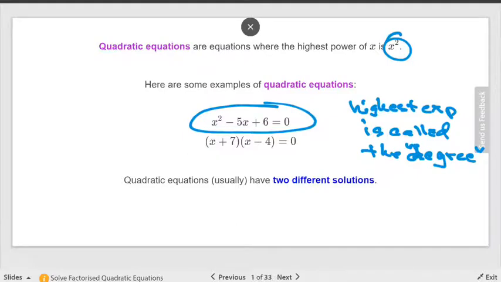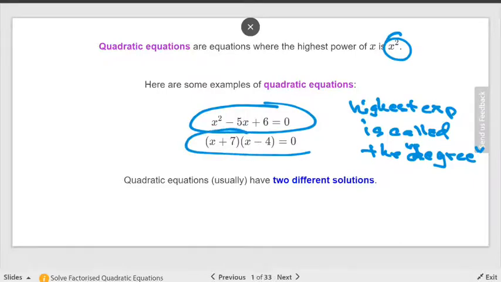And what the degree tells you is how many possible solutions you have. So if we have x squared, how many solutions do I expect to get? 2. Now, that doesn't mean we'll always get 2, because occasionally you'll get exactly the same number and we don't need to write it twice. But we do get 2 answers. It just happens to be the same number. So second degree, right? Highest degree is 2, or second degree equation.